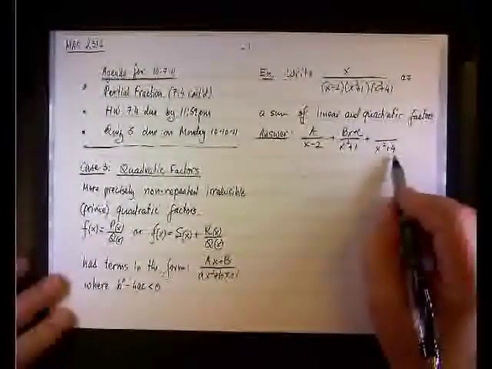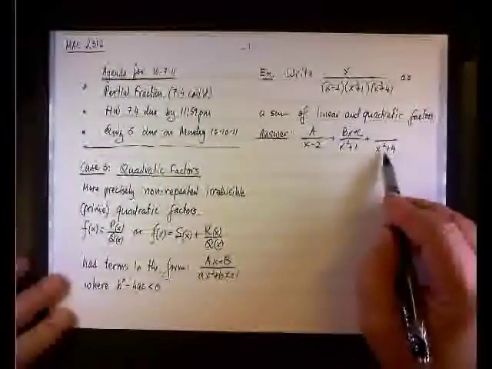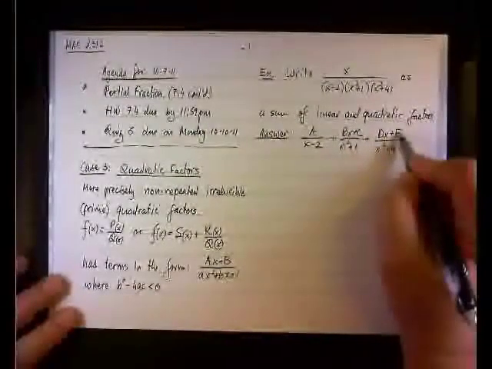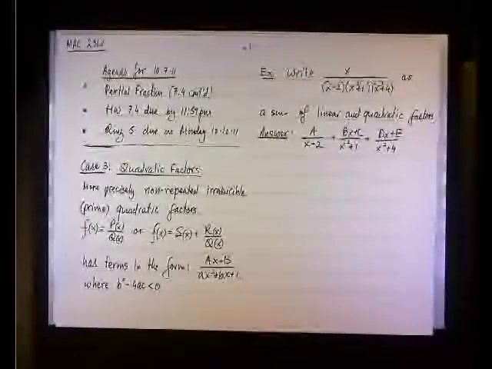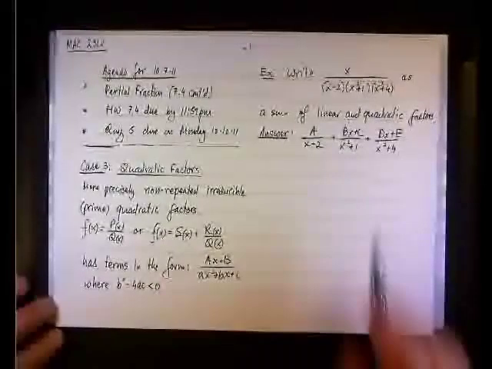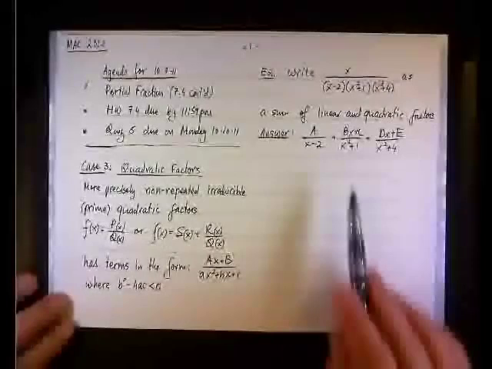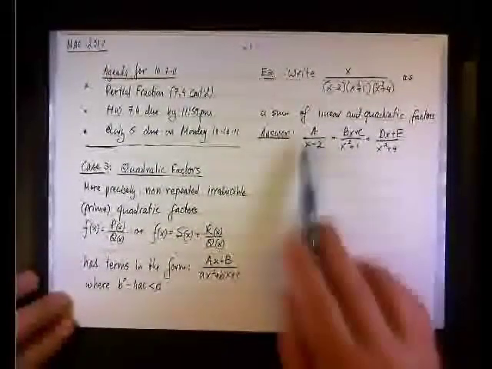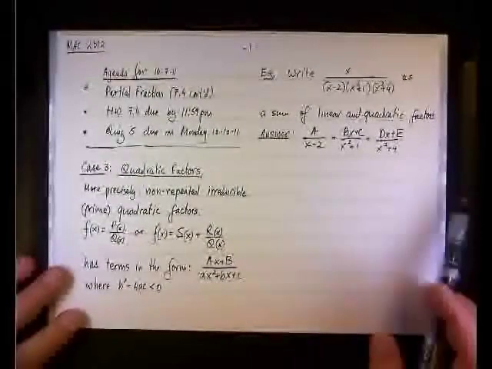And above x squared plus 4, I'll have dx plus e, like so. So this is how you change the integrand from a rational function to a sum of partial fractions.